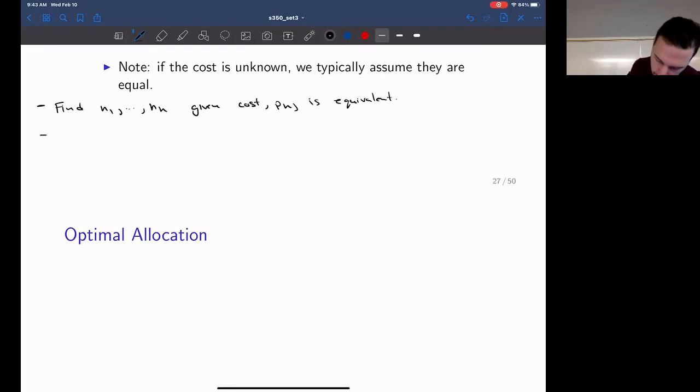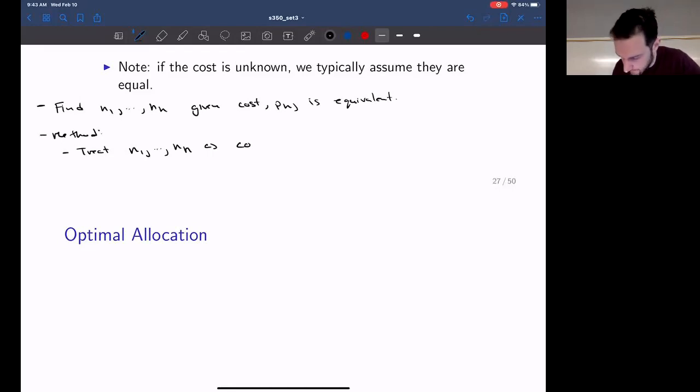So what we're going to do is treat n1 to little nh as continuous variables.